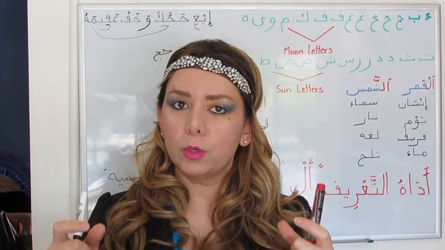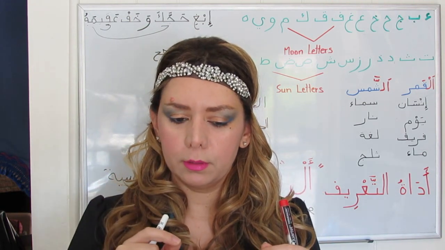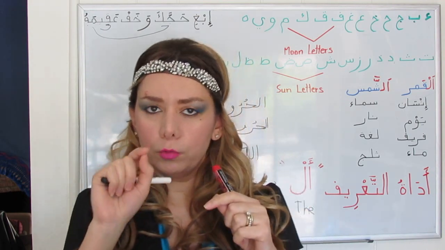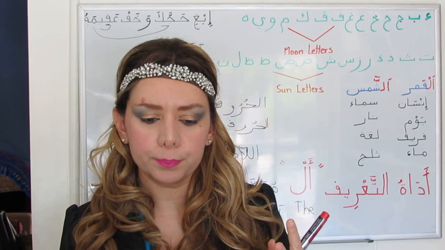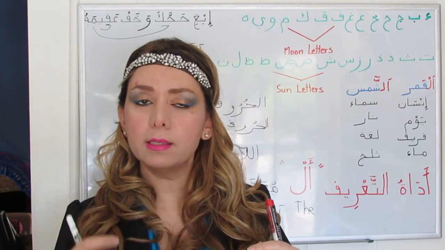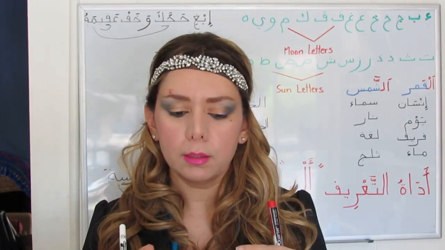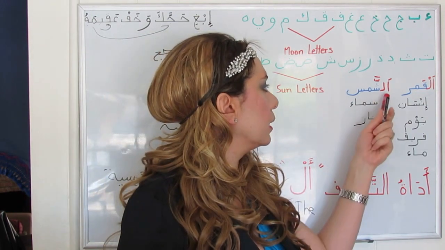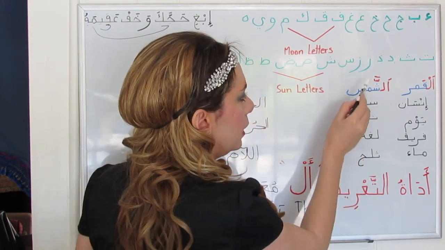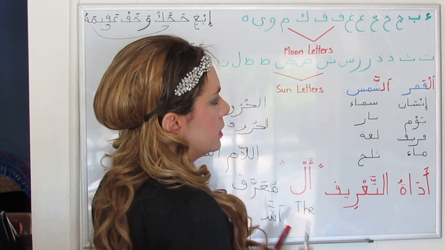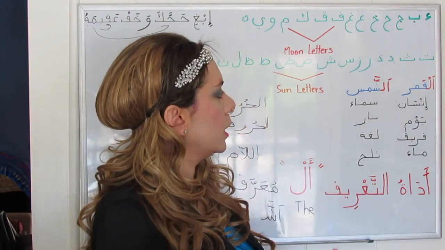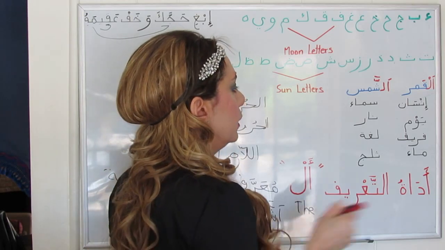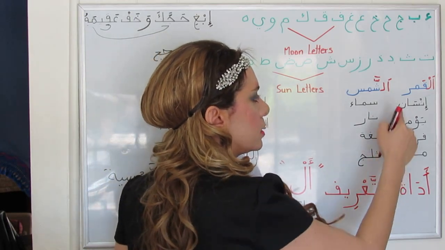So the sun letter will be doubled by the appearance of the shadda, the slanted W, the sign of emphasis, indicating that the consonant is doubled. Like here, ash-shams, al-qamar, ash-shams.